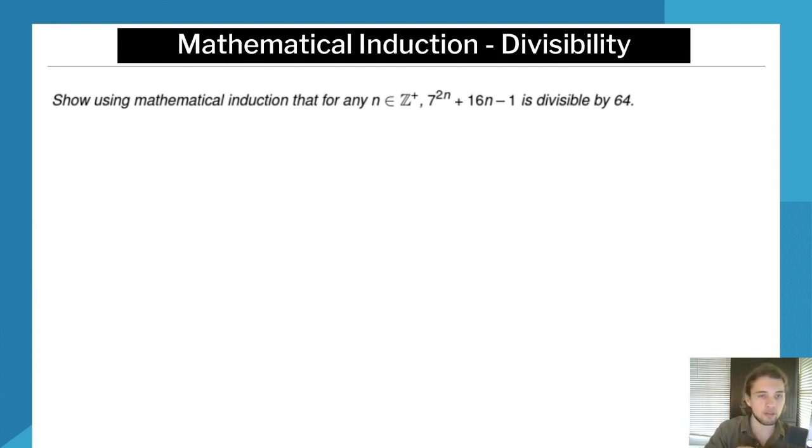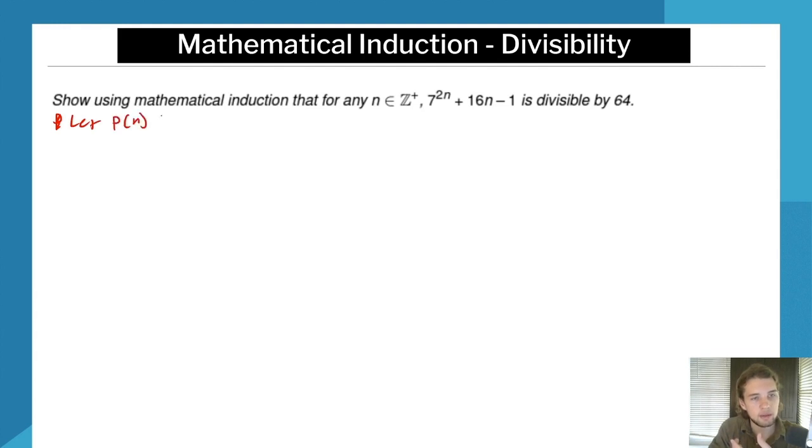We're using a very similar process to what we used before. There are just a few little steps that might help you understand the general process of proving divisibility with mathematical induction.